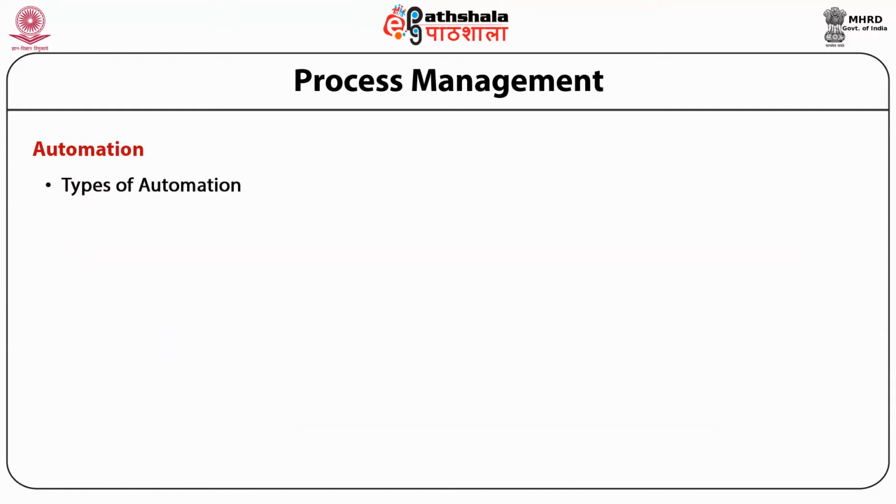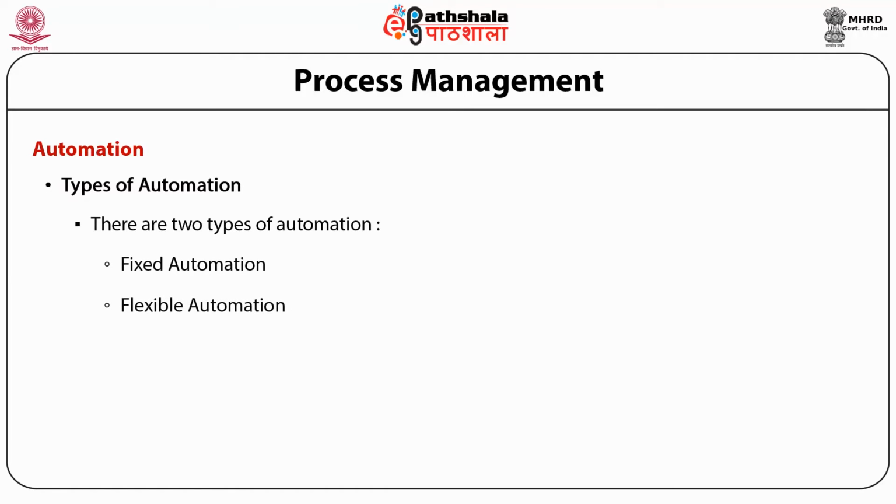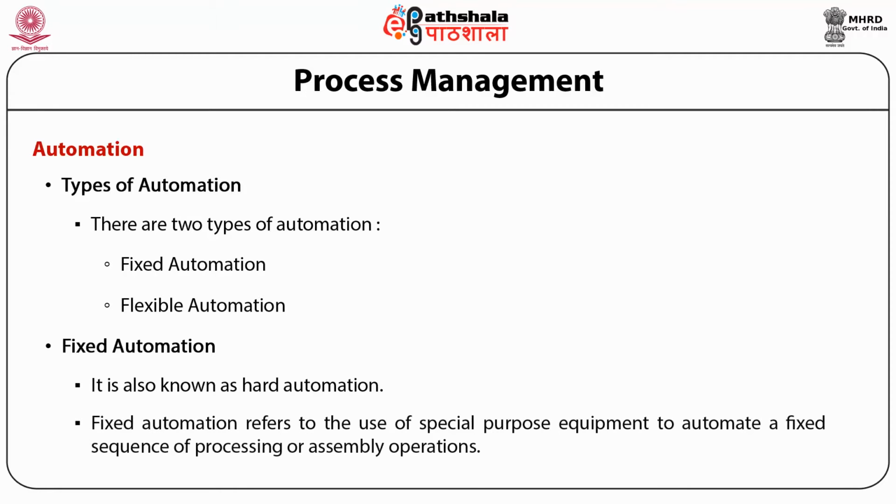Types of automation. There are two types of automation: fixed automation and flexible automation. Fixed automation is also known as hard automation. A fixed automation is designed to perform a specific, highly repetitive task. Fixed automation refers to the use of special purpose equipment to automate a fixed sequence of processing or assembling operations.